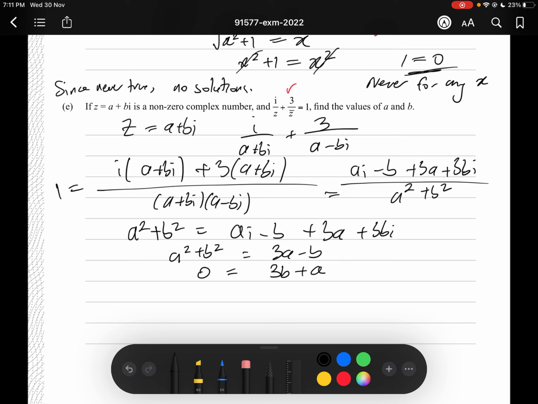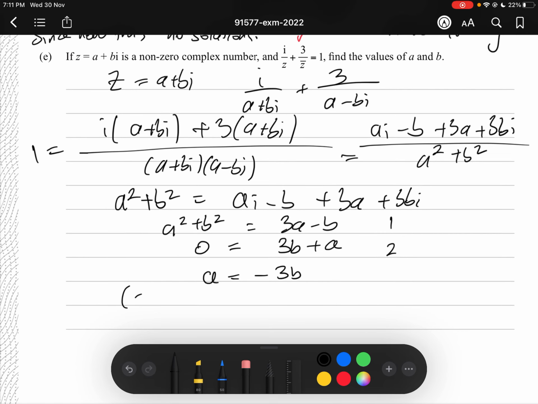If we rearrange the second equation, so we have equation 1 and equation 2, if we rearrange equation 2, we're going to get a equals negative 3b. And let's plug a equals negative 3b back into equation 1. So we have negative 3b squared plus b squared equals 3a, which is 3 times negative 3b, minus b.